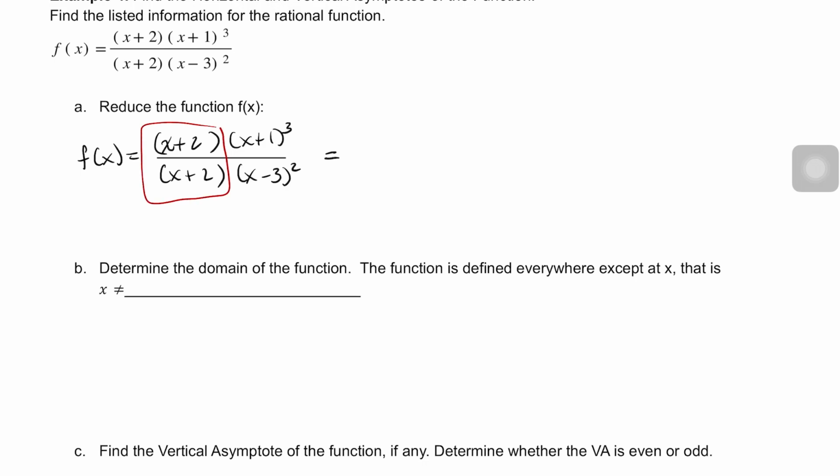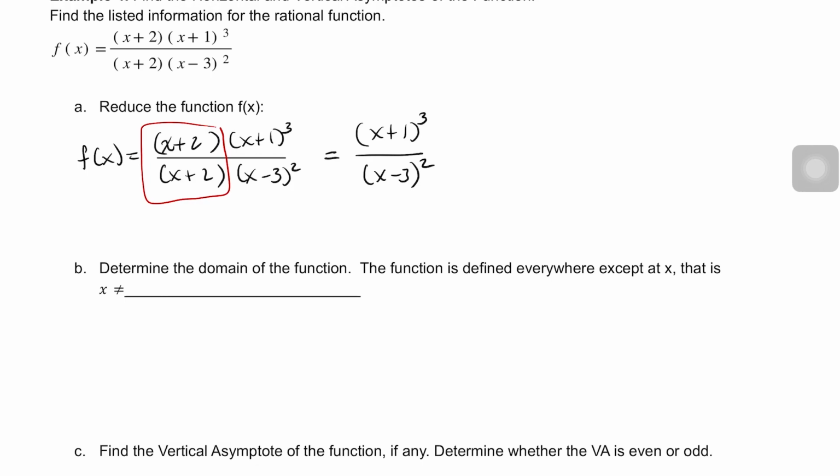So we would get x plus 1 to the third power and x minus 3 all to the second power. Perfect. So this is the reduced form. It cannot be reduced any further. We do this by canceling any common factors.